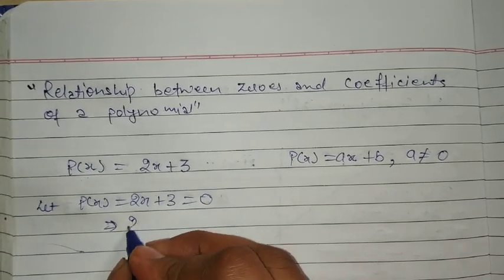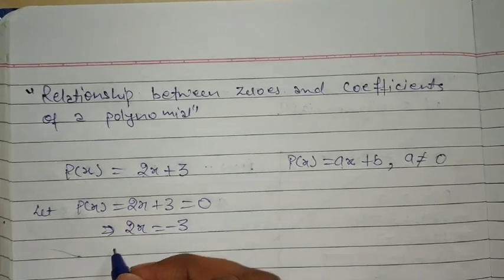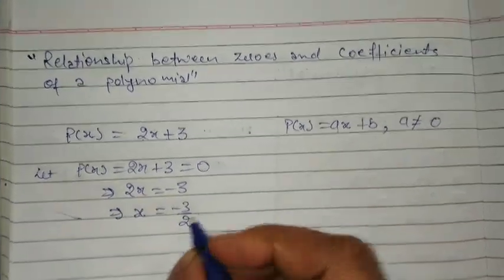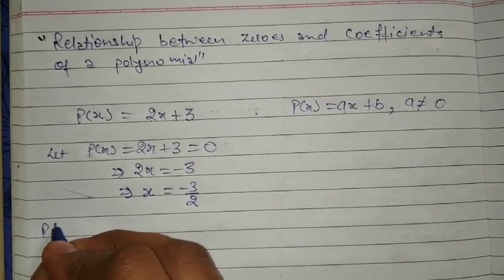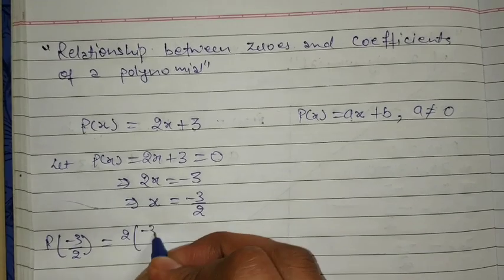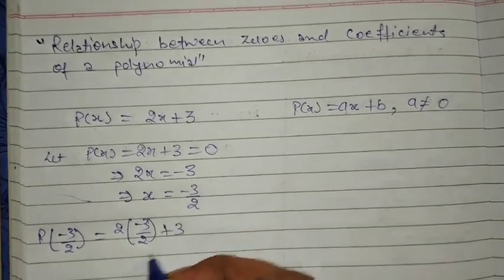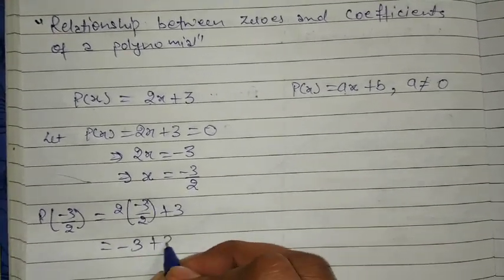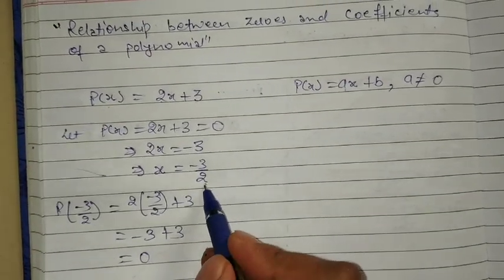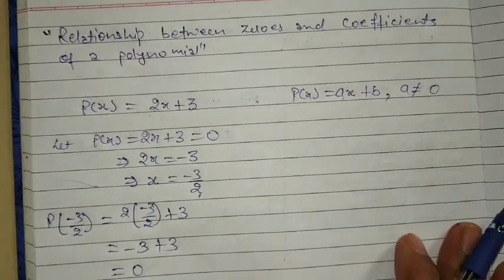So 2x equals minus 3, and from here we get x equals minus 3 by 2. This means for x equals minus 3 by 2, the value of this polynomial is 0. Hence, minus 3 by 2 is the zero of this linear polynomial.